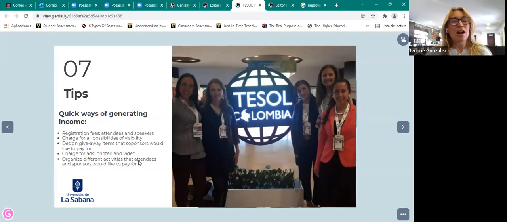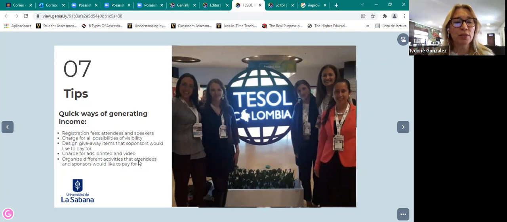Okay, the next one is what I talked about a few minutes ago: charge for all possibilities of visibility. The sponsors like the people to see them, so charge them for the giveaway items, for posters that they can post in the event, for videos that you can show before or after the presentations.